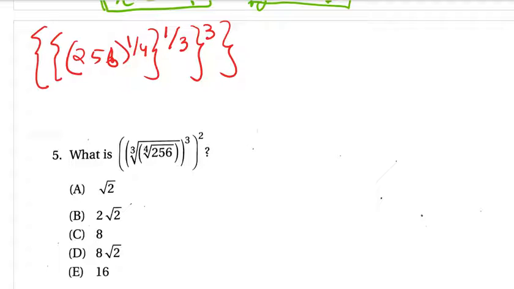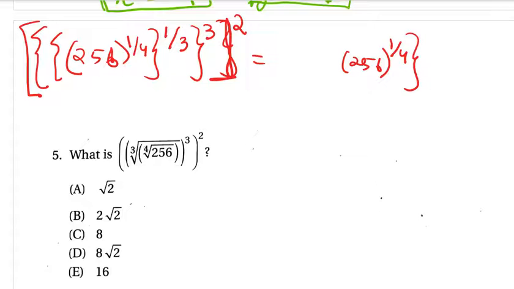And then we'll put another bracket at last. Then we have to the power 2. Right? So simply if I do this, then what am I going to get? I'm going to get 256 to the power 1 by 4, then that to the power 1 by 3, whole to the power 6.